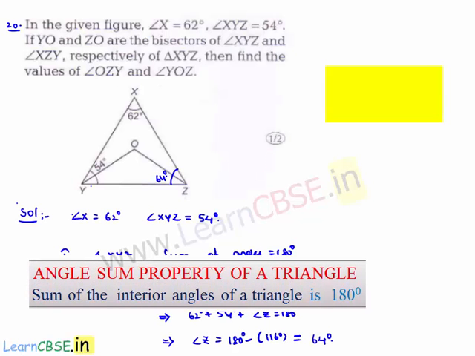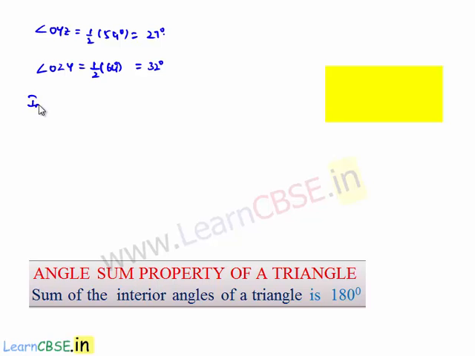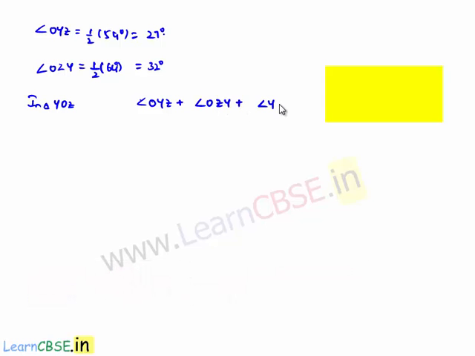But in triangle YOZ, let us again apply the angle sum property. Then we get that the sum of angles is equal to 180 degrees. That is angle OYZ plus angle OZY plus angle YOZ is equal to 180 degrees. That implies OYZ is equal to 27 degrees plus angle OZY is equal to 32 degrees plus angle YOZ is equal to 180 degrees.